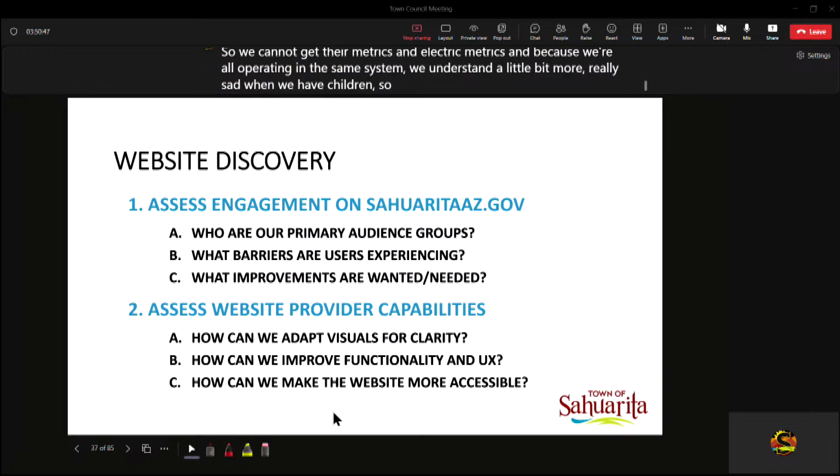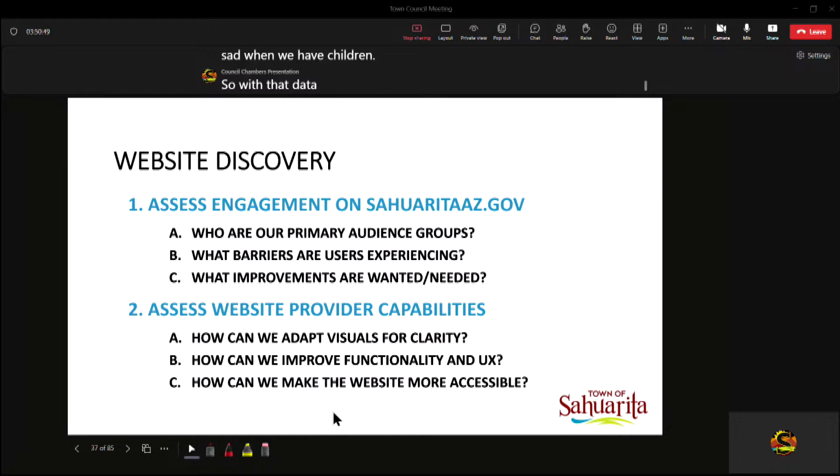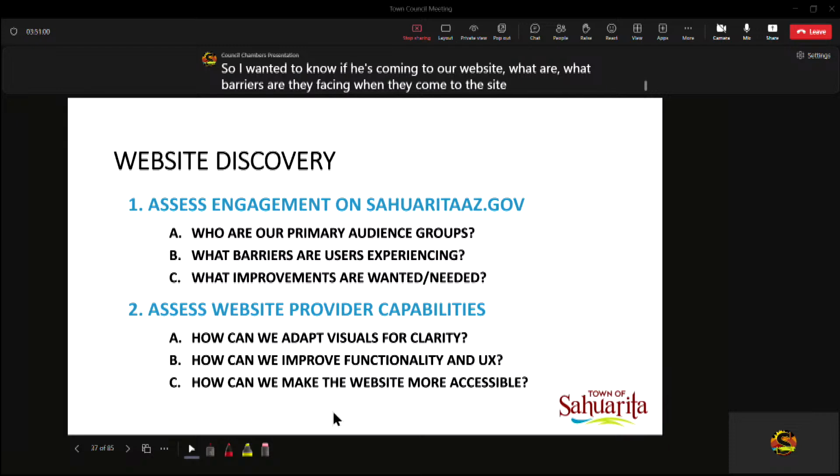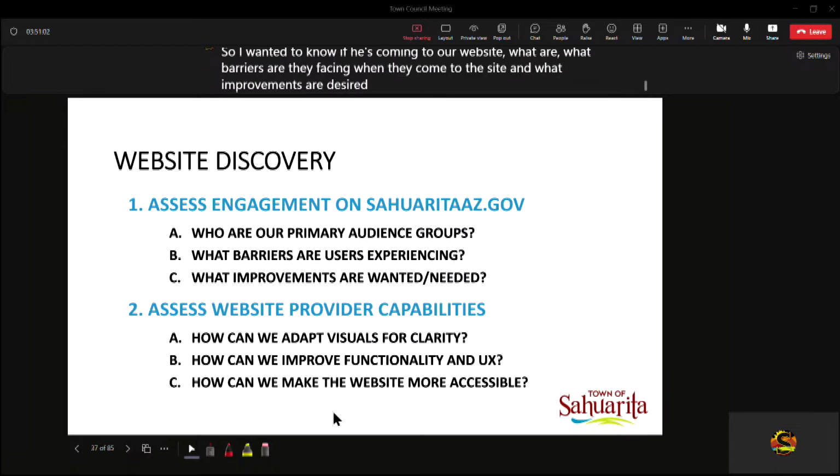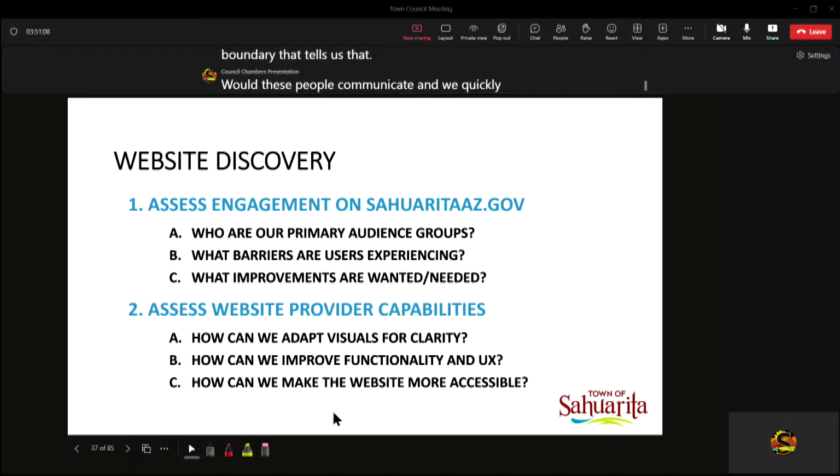So armed with that data, I also wanted to take a closer look at our individual audience groups. So I wanted to know who's coming to our website, what barriers are they facing when they come to the site, and what improvements are desired. That can come to us from things like a bounce rate that tells us how quickly people come in and then quickly leave, how long people spend time on the page, and other things like that.